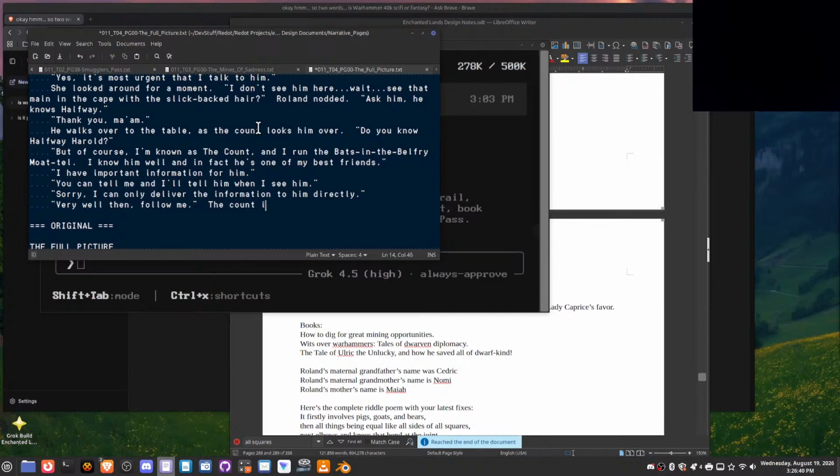We count a puff of smoke, then turn good. When he saw Roland looking at him funny, he added, yes, I can turn into a bat.